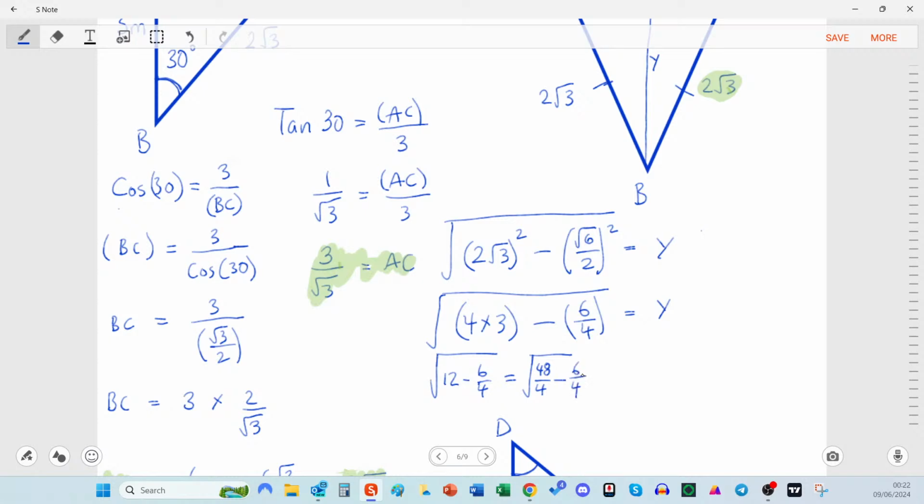But the advantage of writing it like this is I have a common denominator. So now it's the square root of 42 over 4. I'm just deciding if I want to simplify that at all, but no, I think I'll leave it like that. So this is y.